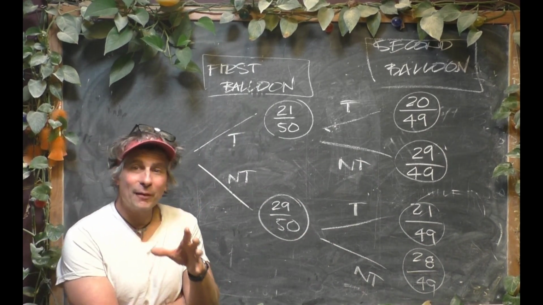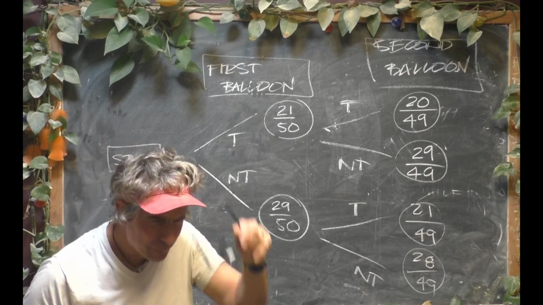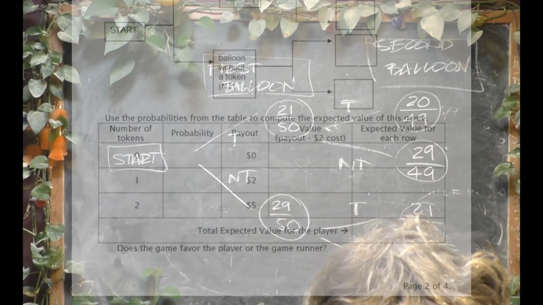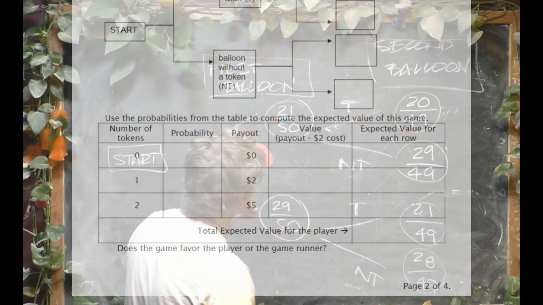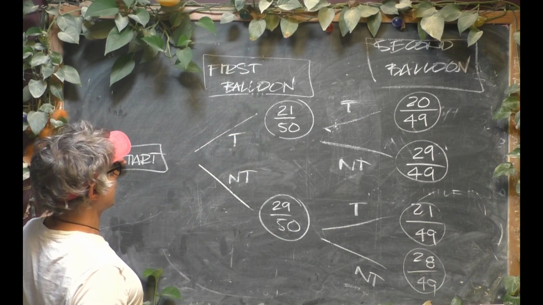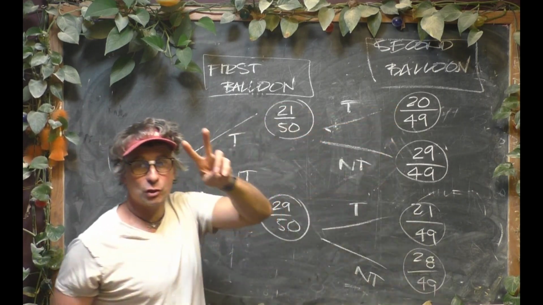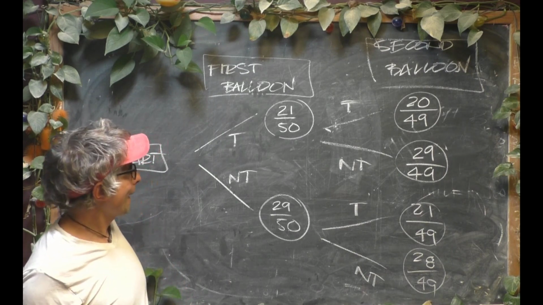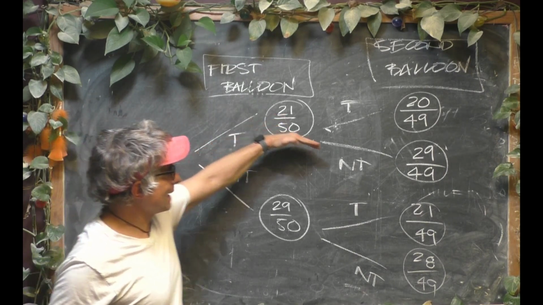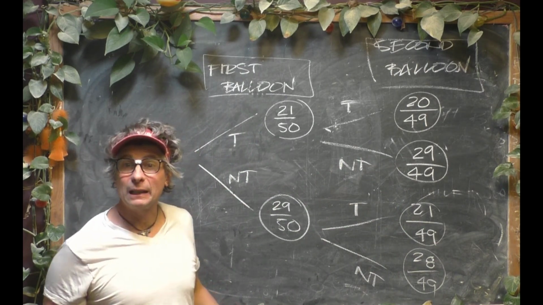Now, here's where you have to get the probabilities from. I'm looking at this table at the bottom here, and it says number of tokens. So let's look through here and see these. There's 4 branches. If you start here, you can either get a token here and a token here. That's 2 tokens. That's the bottom part of the chart down there. You could get a token here and not get a token here. That's the 1 token scenario. That's the middle.